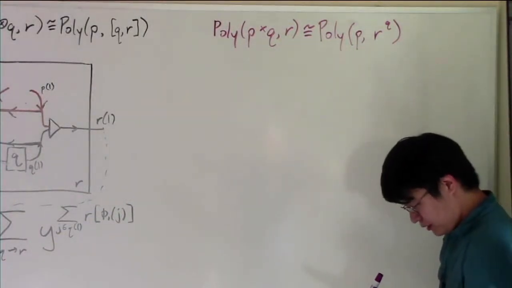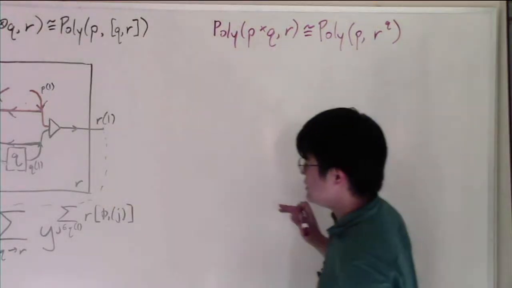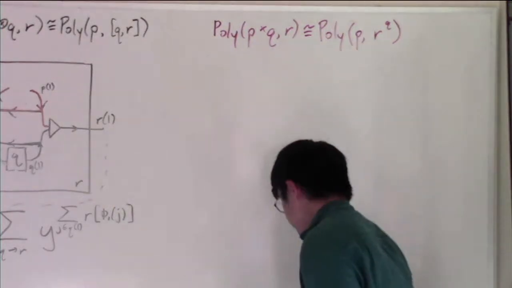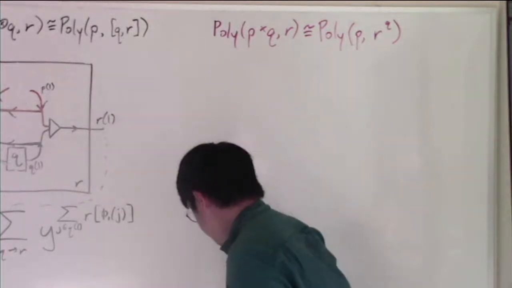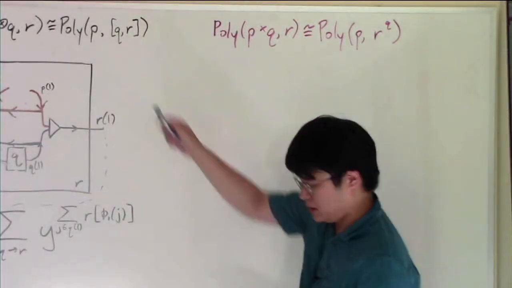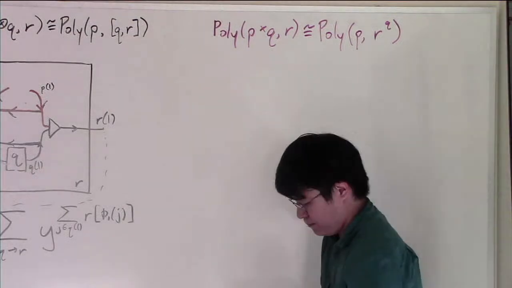Yeah, and so this is actually going to be a very similar diagram to this, because remember, the only difference is that P times Q and P tensor Q have the same positions. The difference between them is their directions.